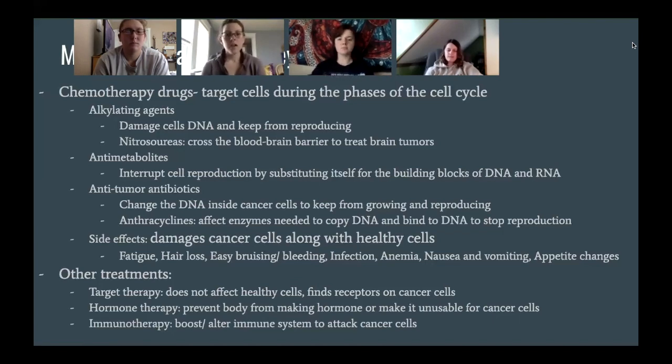Hormone therapy works to starve the cancer from the hormone supplying it by preventing the body from making the hormone or preventing the cancer from being able to use the hormone. Usually this is used to treat cancers that thrive on sex hormones. So this would be certain breast cancers, prostate, uterine cancers, and other cancers related to the reproductive system. And immunotherapy utilizes drugs to boost or alter the immune system to recognize and attack the cancer cells.